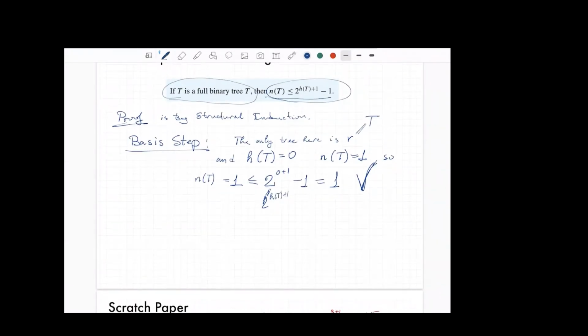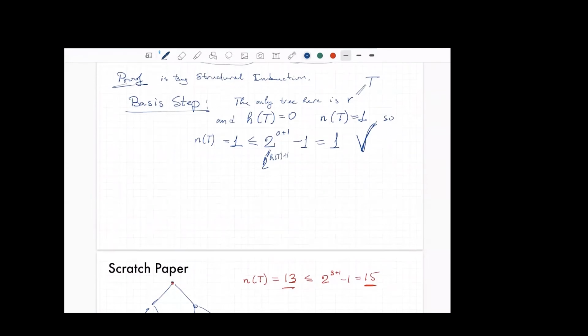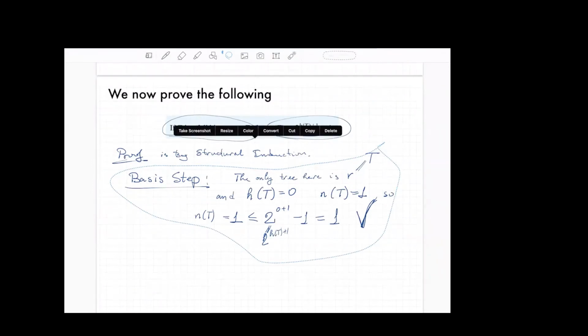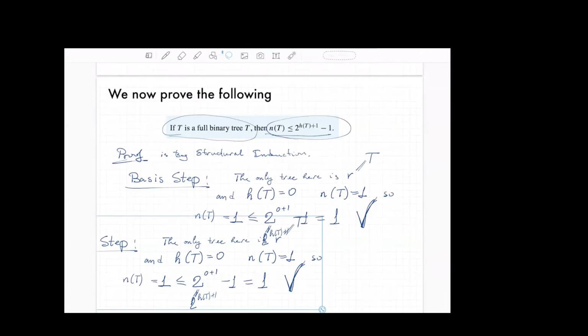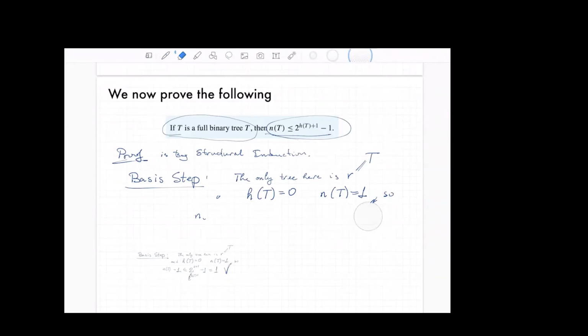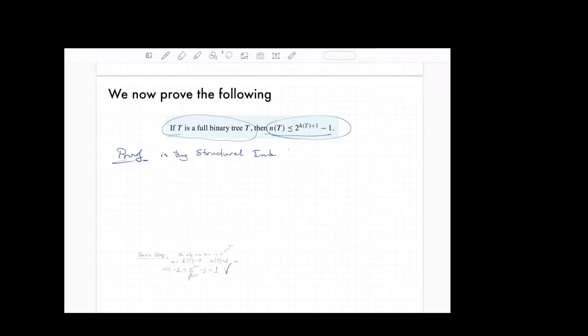Inductive step. Looks like here we need to write a little bit more, so do you mind if I clear this space? Okay, so we have this basis step, and the basis step works out.